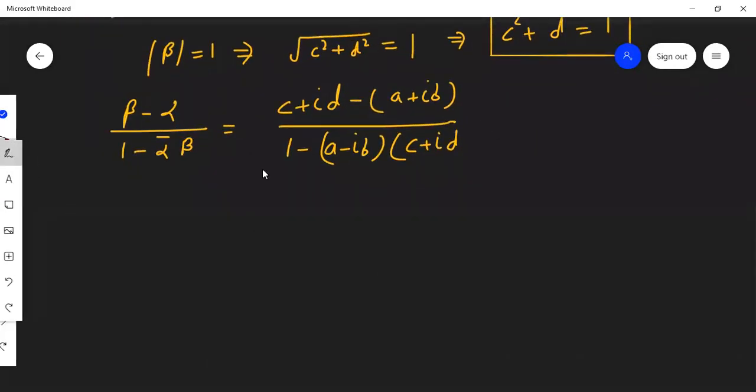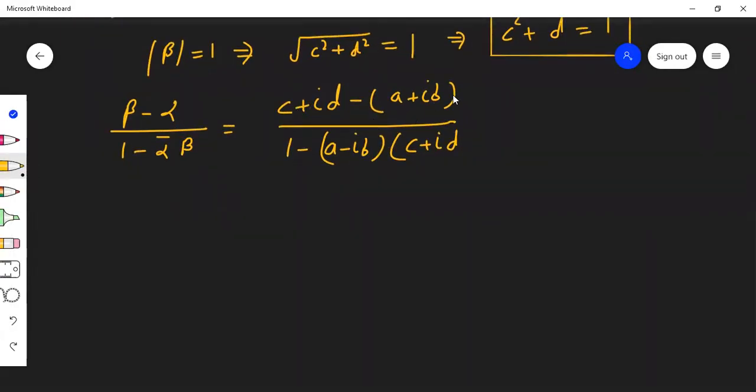You can write this quantity in terms of a plus ib. So we are writing the real part together, which comes c minus a, and plus i times (d minus b), divided by the denominator.